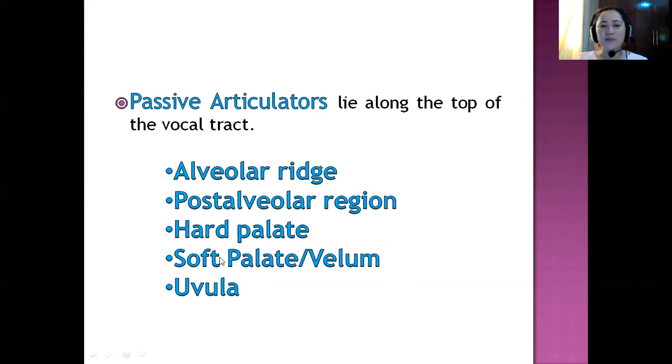And then the hard palate is next to the post-alveolar region. So when you curl your tongue a little. But if you curl your tongue really hard, like that, that's the soft palate or the velum.